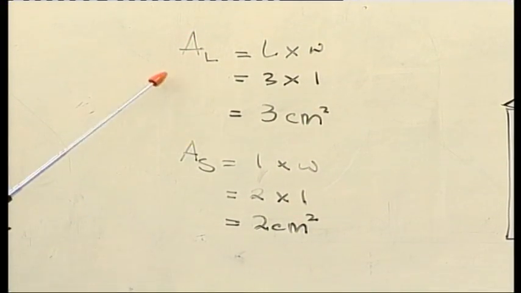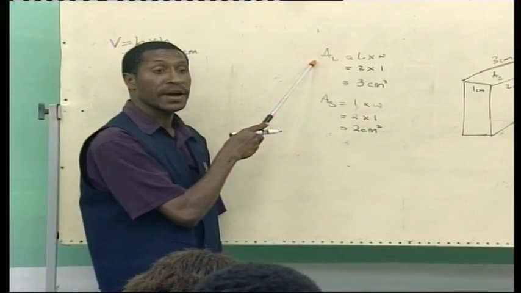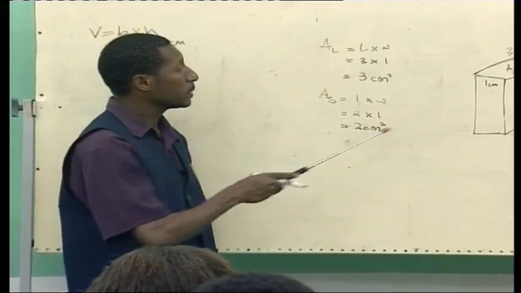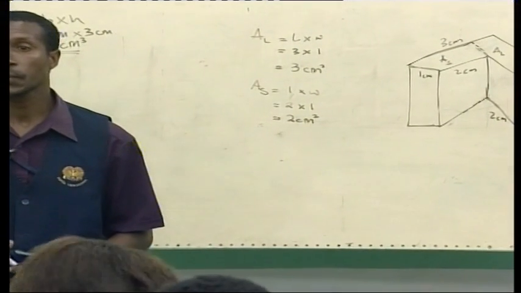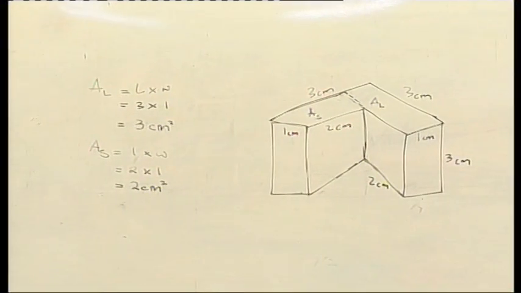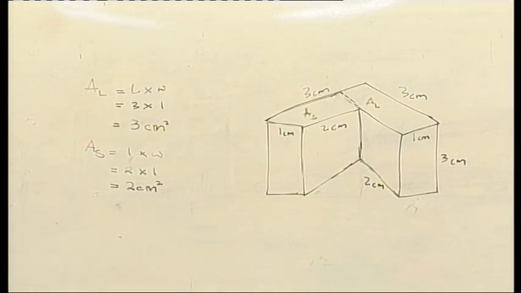Now, we will find the total area of the base of this prism. How can we find the total area of the base?